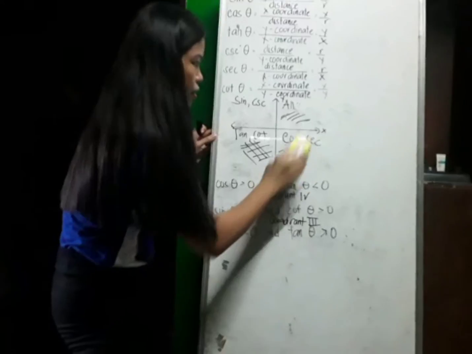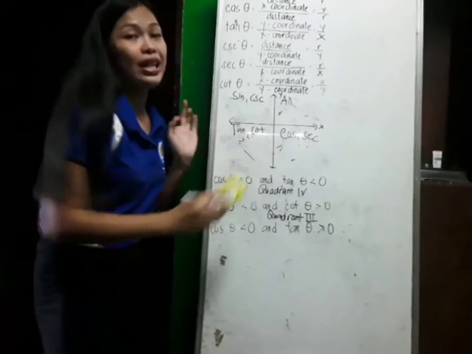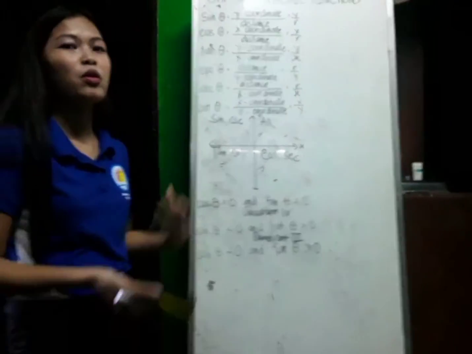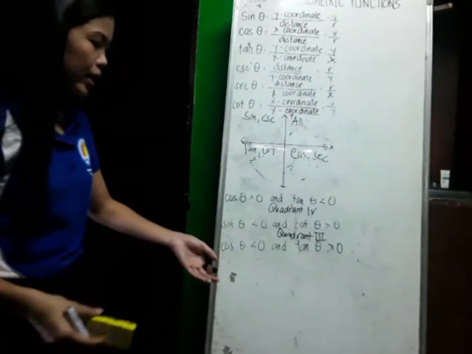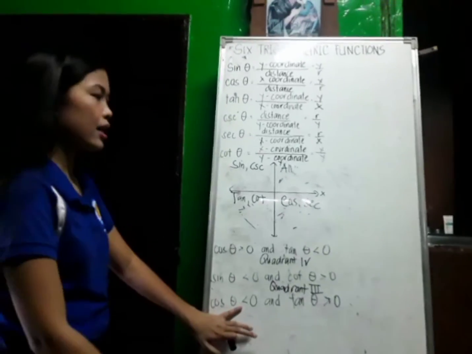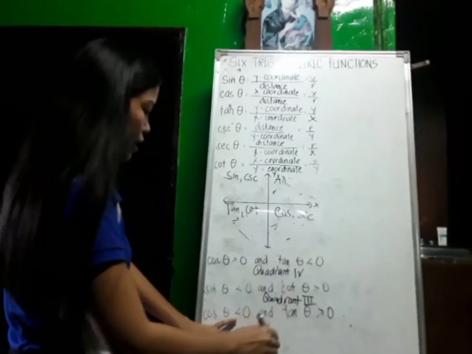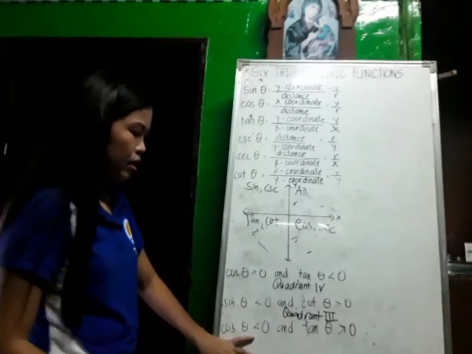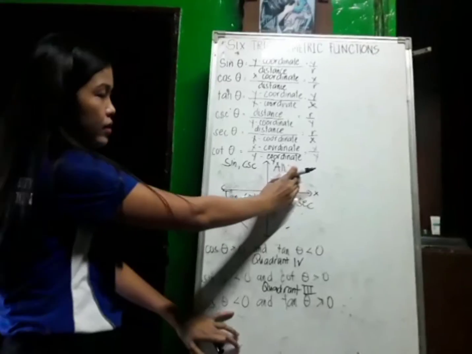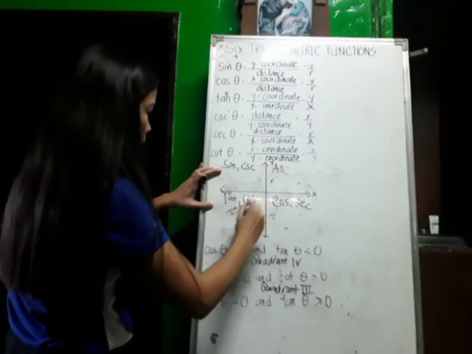And for the last example, I will give you a lot of examples for you to be able to understand this concept. We have cosine theta is less than 0, meaning it is negative. Cosine is negative in which quadrant? It is positive in quadrant 4 and quadrant 1, so obviously it is negative in this part.